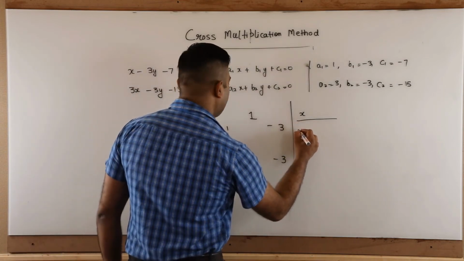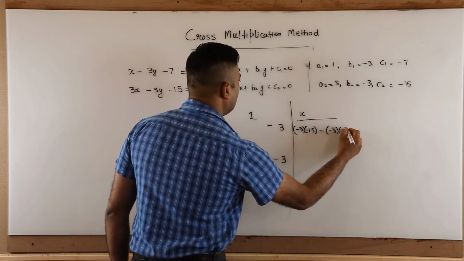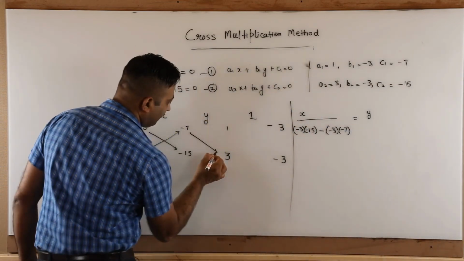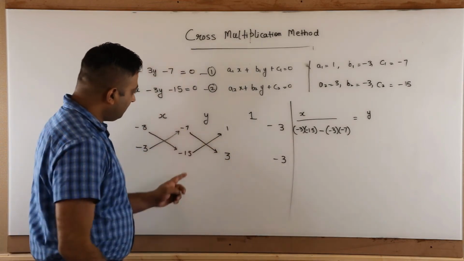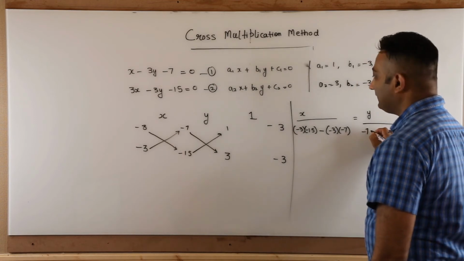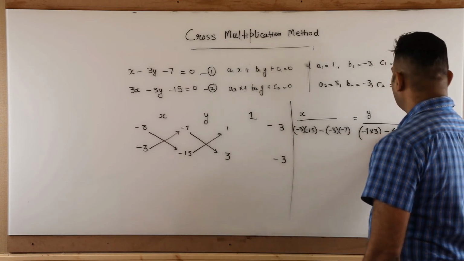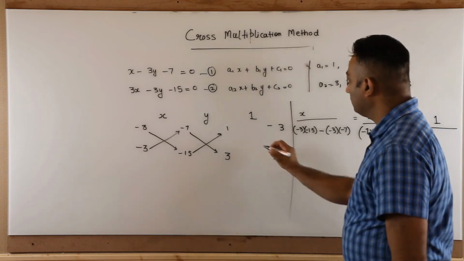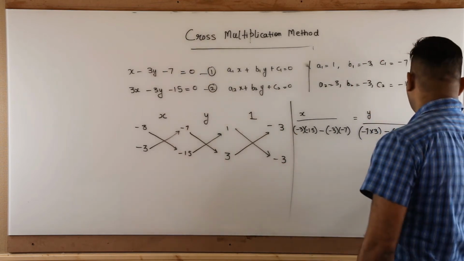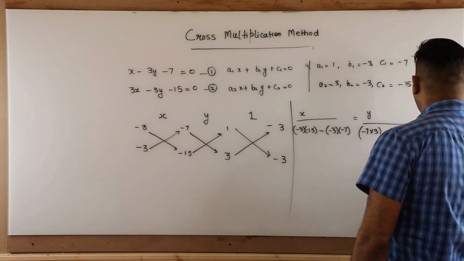So x upon minus 3 into minus 15 minus minus 3 into minus 7 equal to y upon minus 7 into 3, subtract minus 15 into 1. So we get y upon minus 7 into 3 minus minus 15 into 1 is equal to 1 upon, now multiply 1 and minus 3 and subtract 3 and minus 3. 1 into minus 3 minus 3 into minus 3.